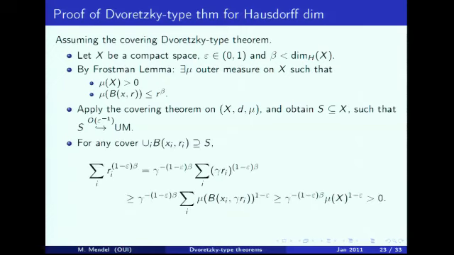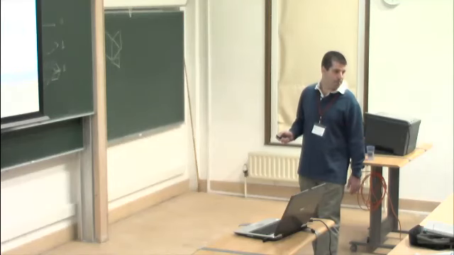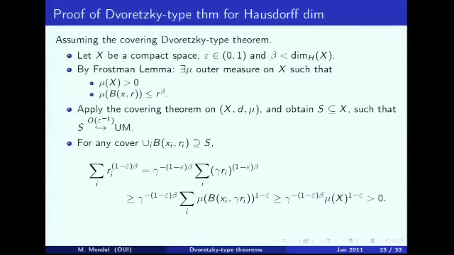How do we do it? We show that any cover of S by balls of radius Ri has this expression bounded away from 0. How do we prove it? So this is the expression we want to prove is bounded away from 0.